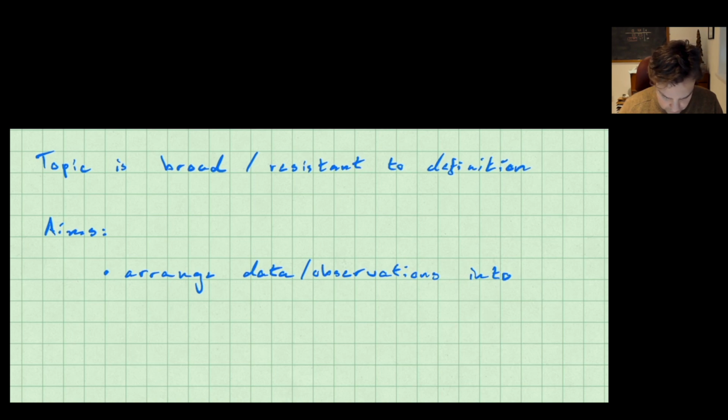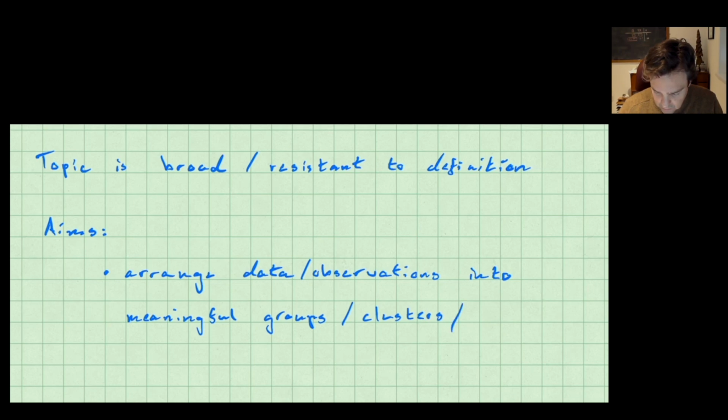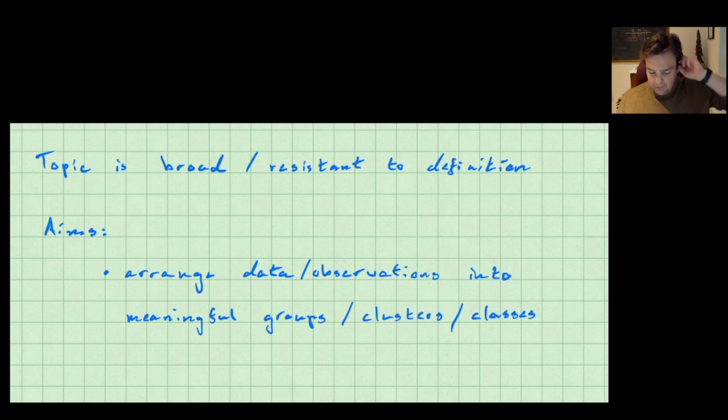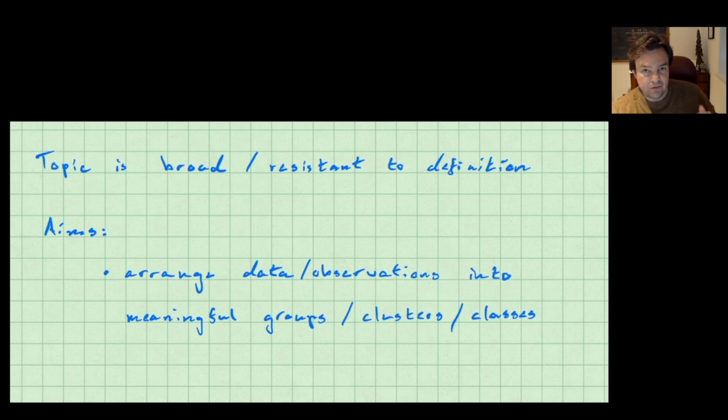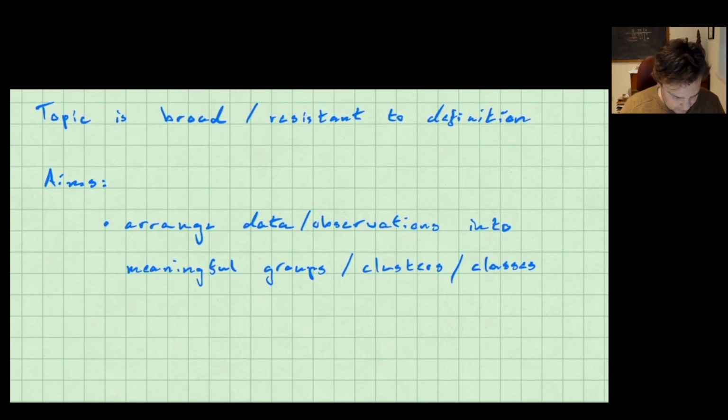They're sometimes not called groups, but instead called clusters or classes, just different words for the same things. And when I say observations, of course, what I mean are the rows of your X matrix. So you want to find some way to group those rows into certain types. You want to classify them.